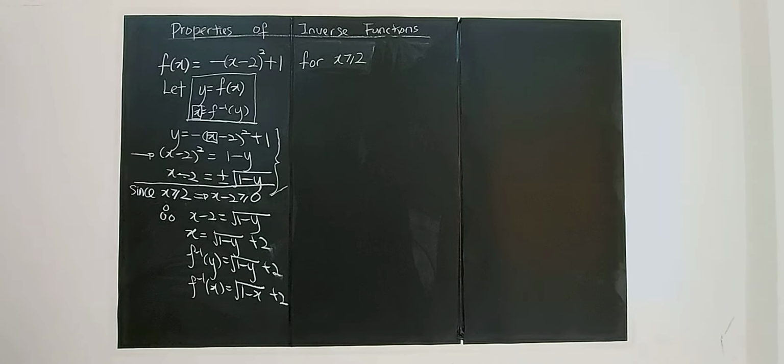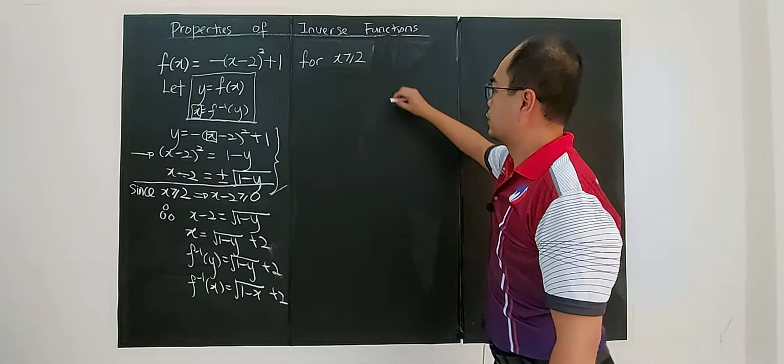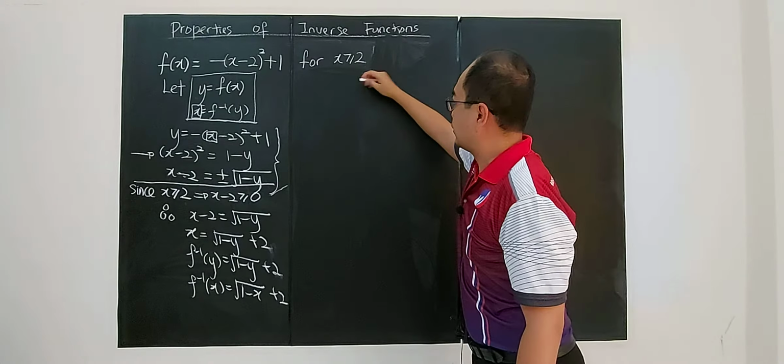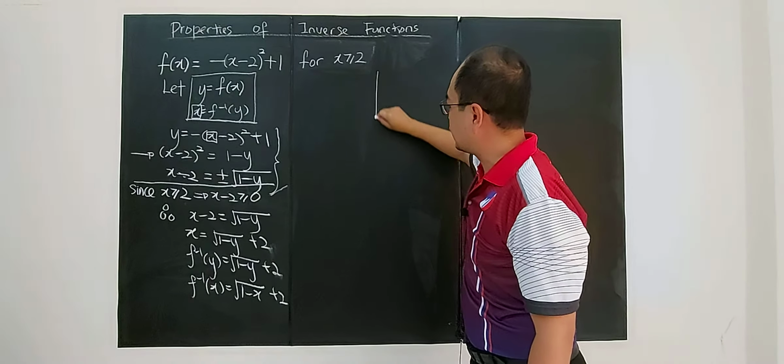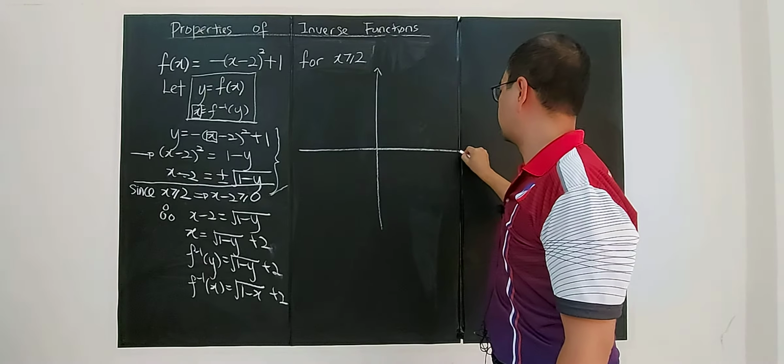Let's continue by looking at the graph of f(x) equals negative (x minus 2) squared plus 1, right? By using your ruler, you're sketching. You have to follow me in sketching when you study this video.